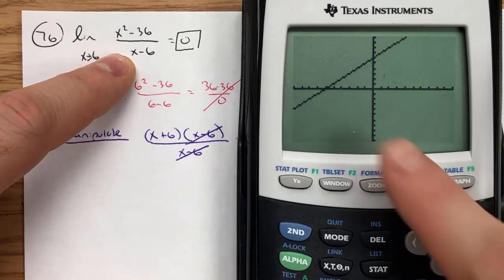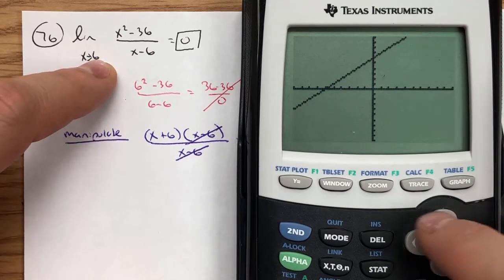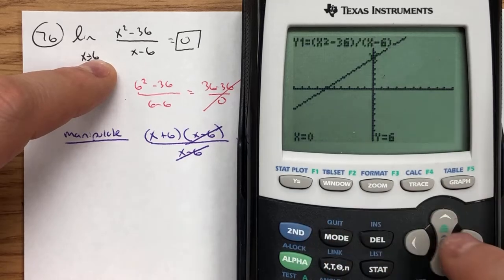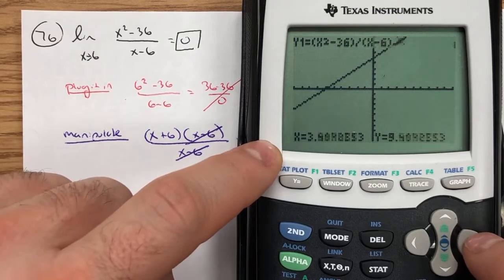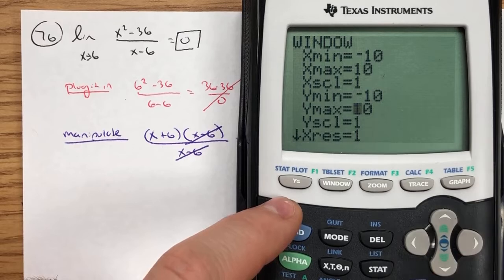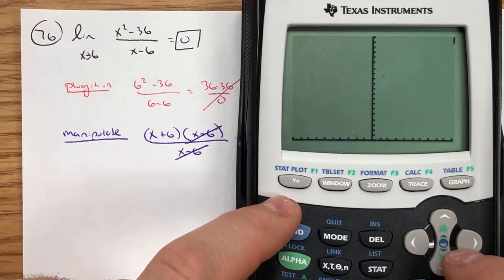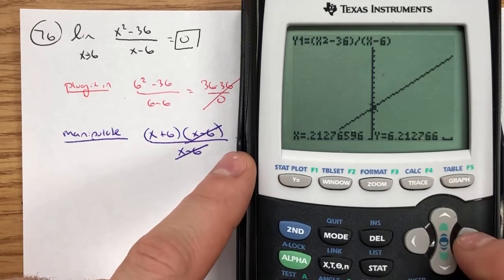Okay, so what we notice is this looks like a straight line. And so as x approaches 6, let's go ahead and trace. We're kind of off our window, so let's give our y some height here. There we go. So let's trace it.